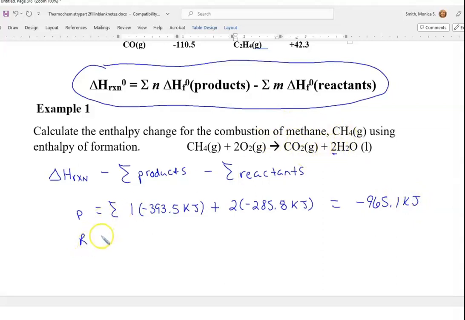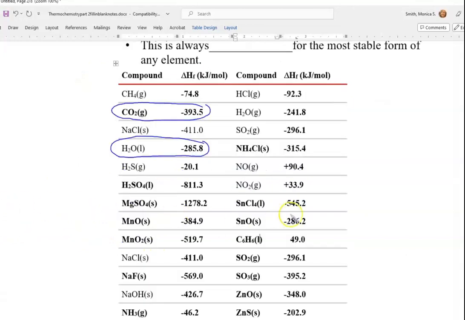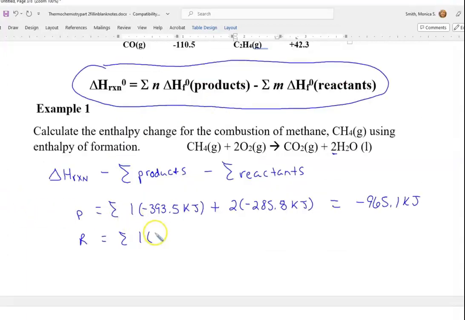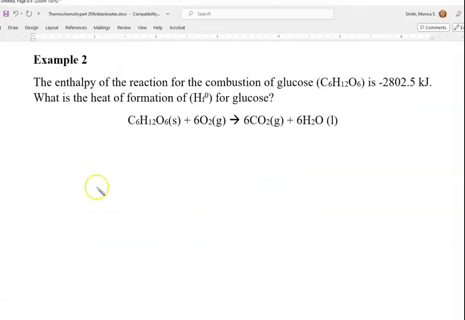I'm now going to do the reactant side. On the reactant side, I have 1 methane, and methane in my chart, at the very top, is negative 74.8. Then I've got 2 oxygens.